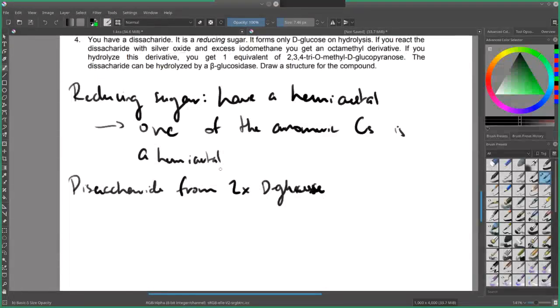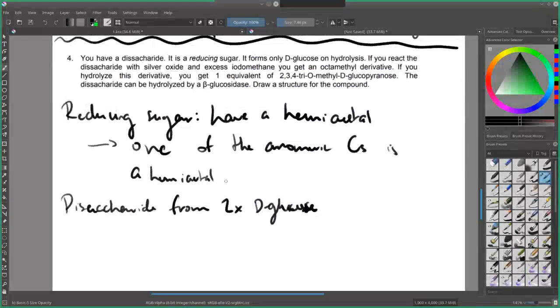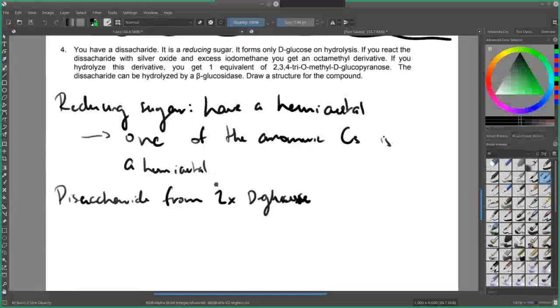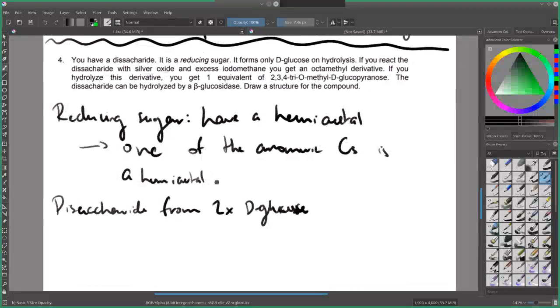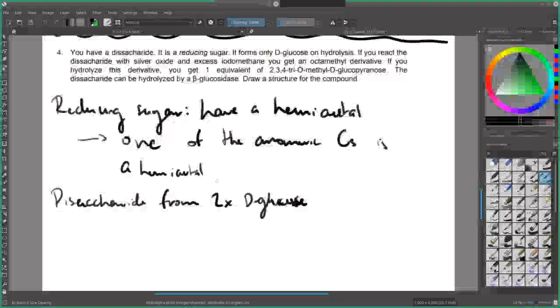The book says that silver oxide does polarize the iodomethane bond, which is interesting. So this is just the reaction conditions then. We're just methylating to completion.